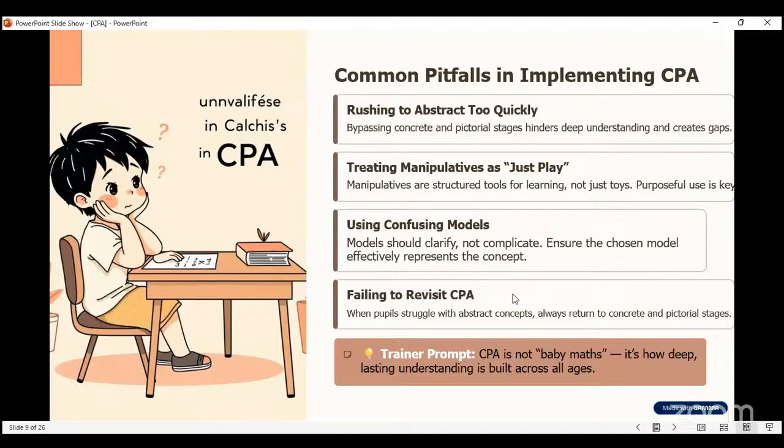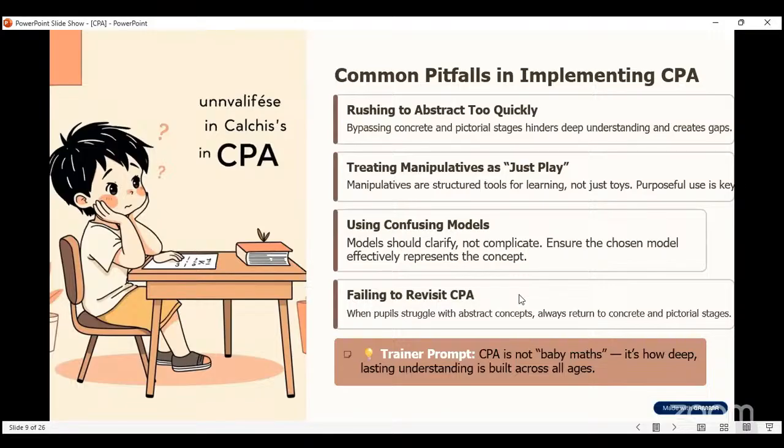Now, failing to revisit CPA. When pupils struggle with abstract concepts, feel free. Yes, it's true, you have started from concrete, you have moved to pictorial, and then you are now at abstract. When you still see they are struggling, feel free to go back to the concrete or the pictorial as the case may apply.